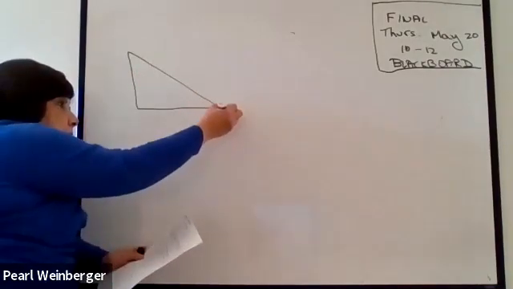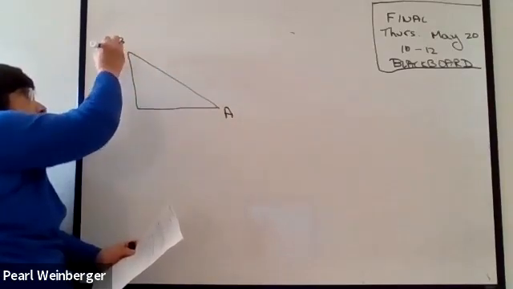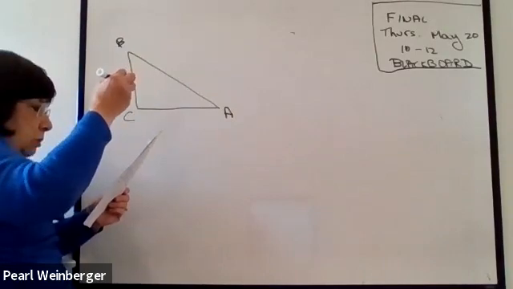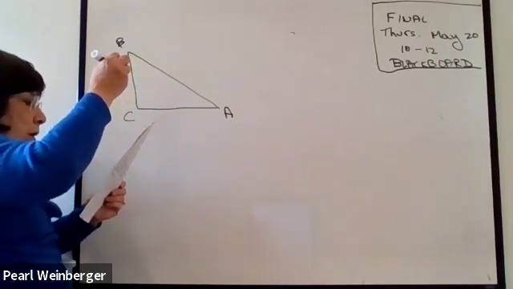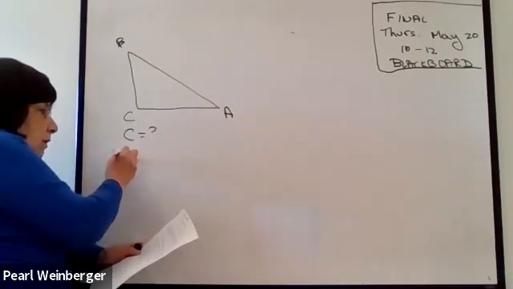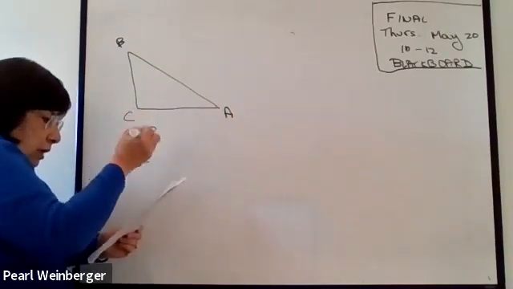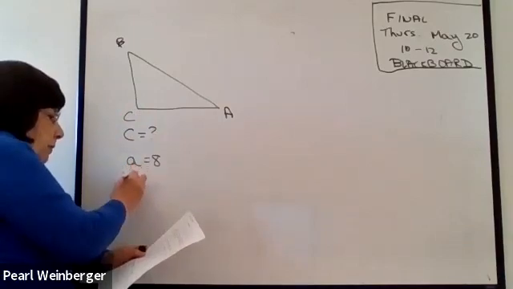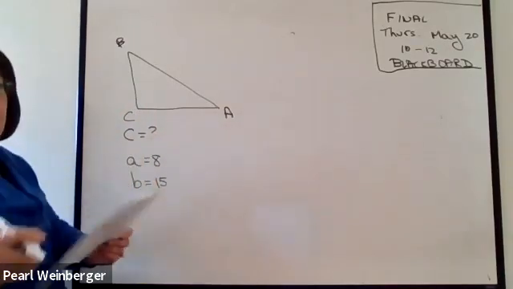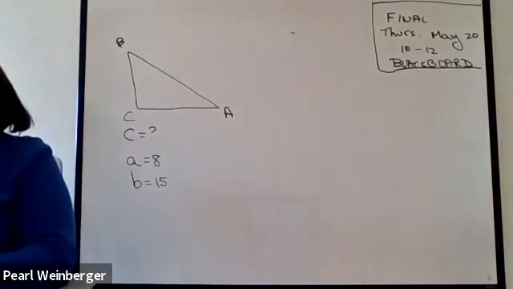Here's my A, B, and C. They want you to find out what is C if A equals 8 and B equals 15. Okay, I'm going to give you a minute to try this out. See if you can find that out.